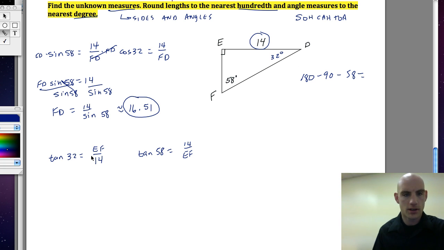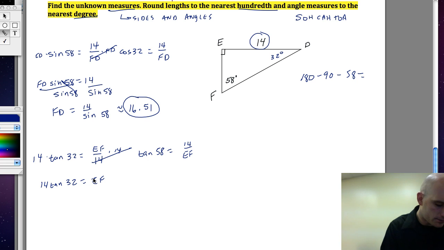Tangent of 32 is equal to EF over 14. So I'll multiply by 14. So 14 tangent of 32 equals EF. Calculator.